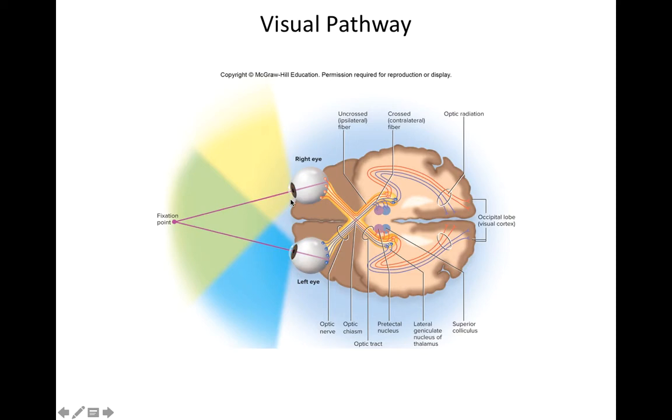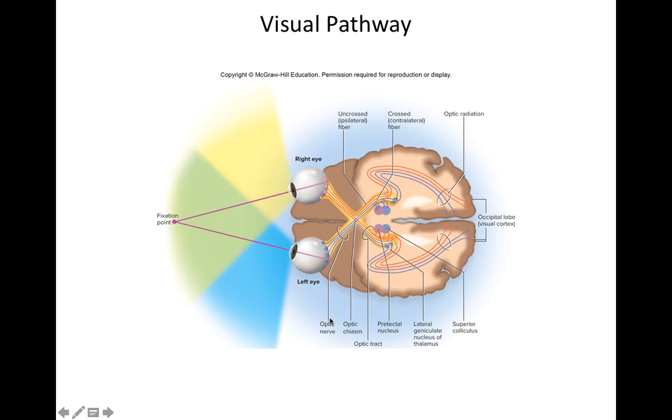So the right eye basically can see all the way over here, but also all the way over into this left field. And then the left eye can see way over here, but also it crosses over into the right here. And so this is the area where both eyes can see.